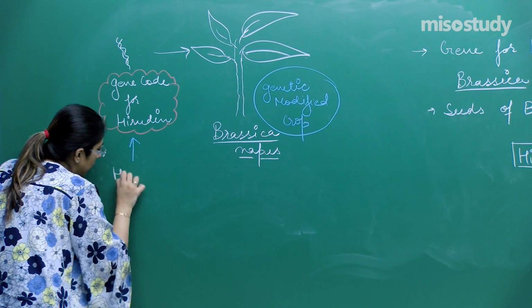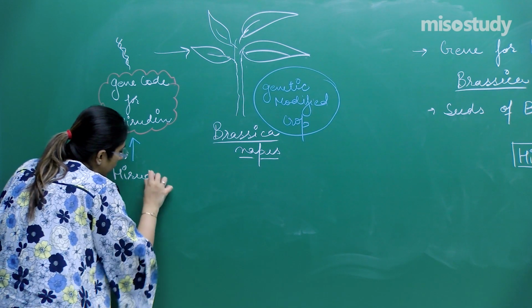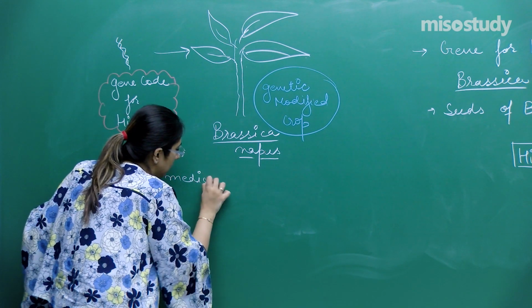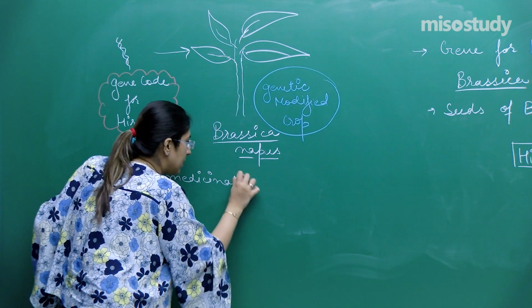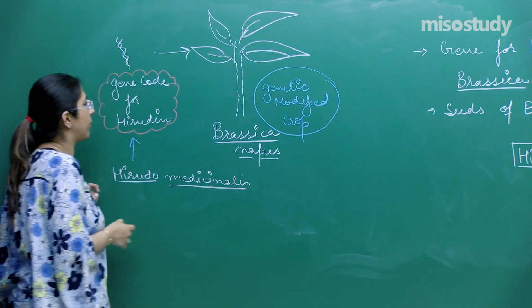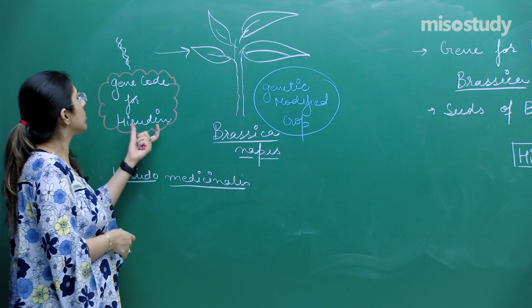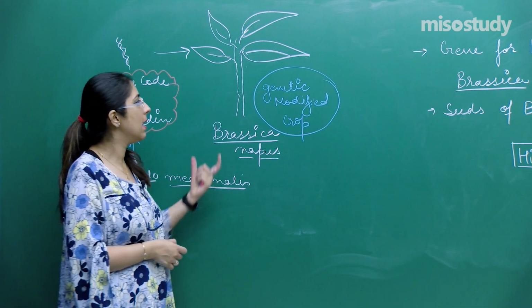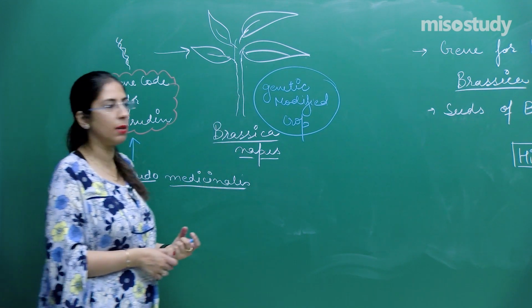From Hirudo medicinalis. Sometimes they ask this question, from where the hirudin was extracted. So you need to remember that the leech name was Hirudo medicinalis. So it was inserted into the Brassica napus.